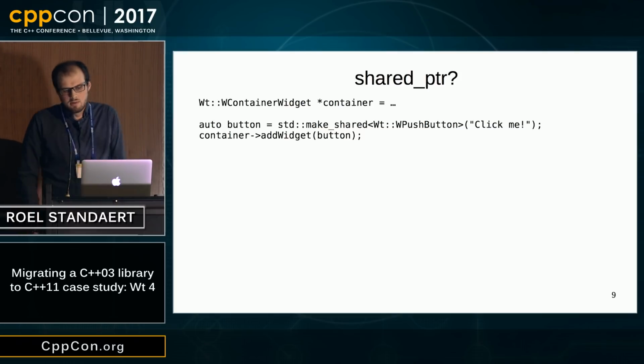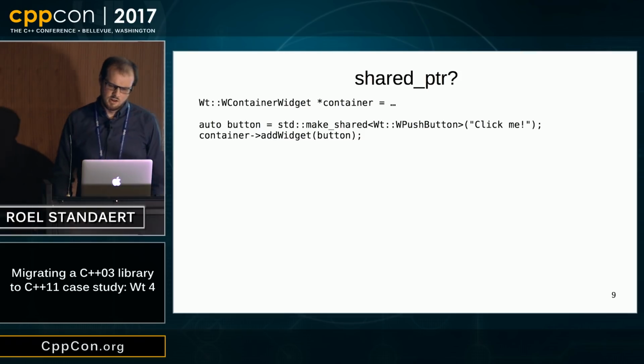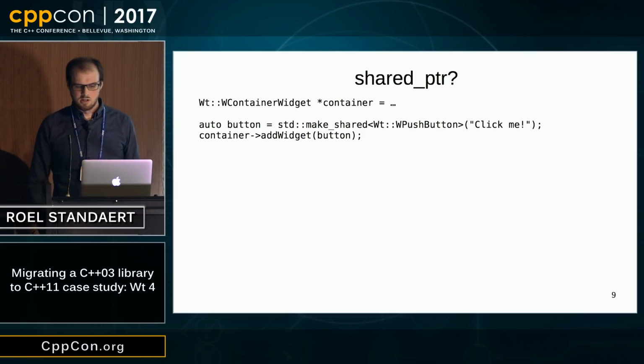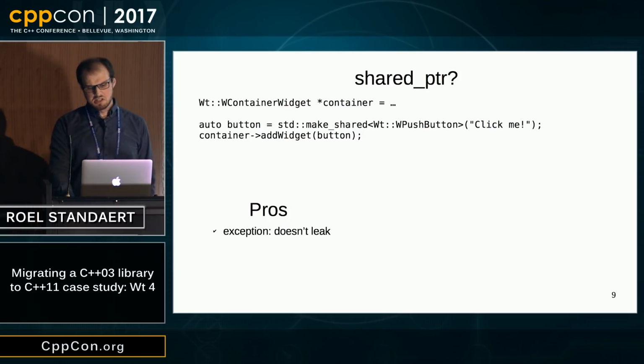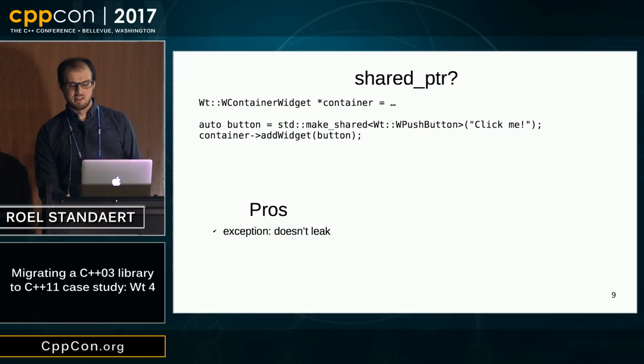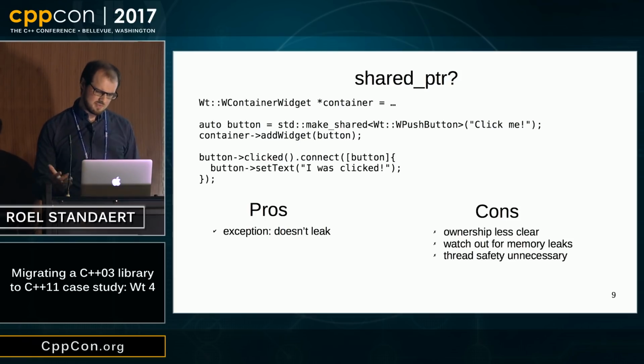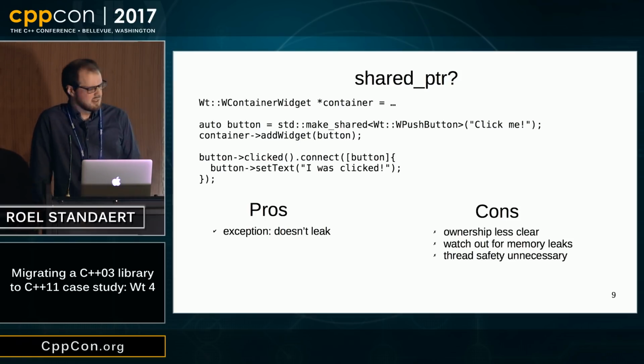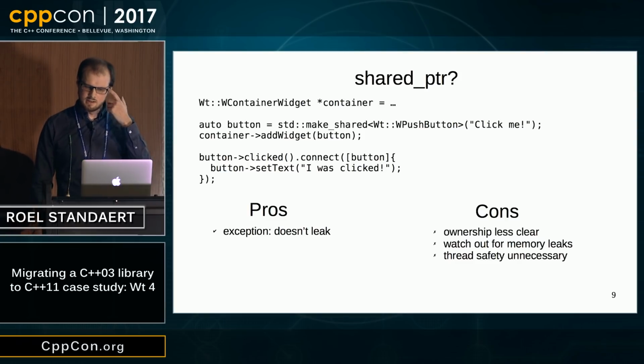And we also thought maybe we could use shared pointers for that. For example, you could just call make_shared and then add this shared pointer, and then you have a shared pointer in the container widget and where you just created it. Of course, this again doesn't leak when there's an exception that throws, but the ownership relationship is less clear here, and you have to watch out for accidentally creating memory leaks.